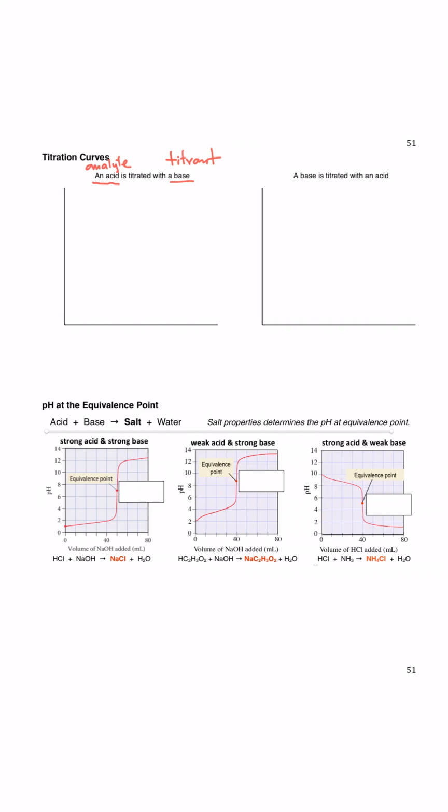And vice versa, when a base is titrated with an acid, a base in this case would be an analyte and an acid would be the titrant. When we plot the titration curve, the volume of the titrant will be on the x-axis.